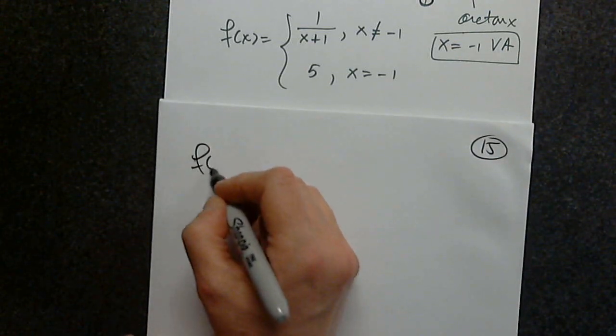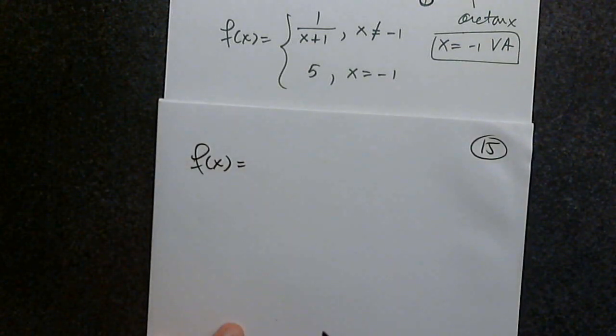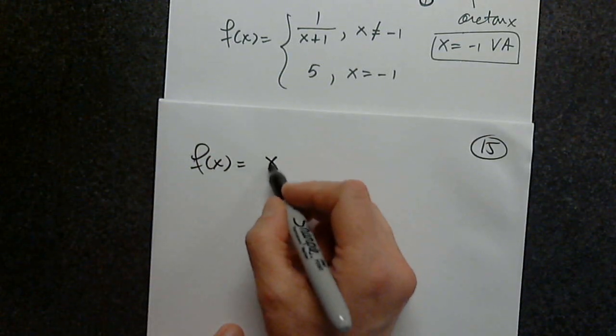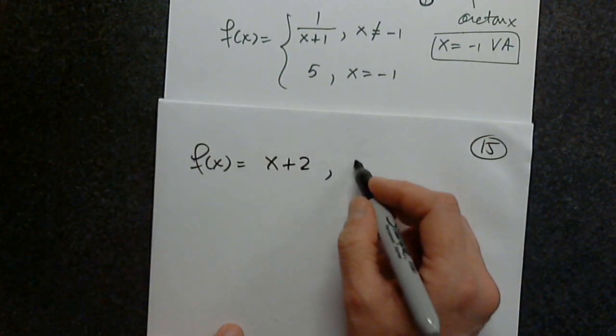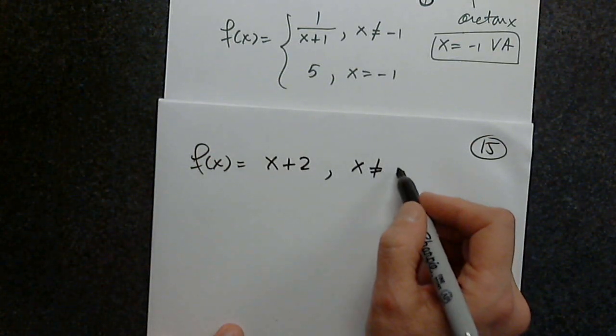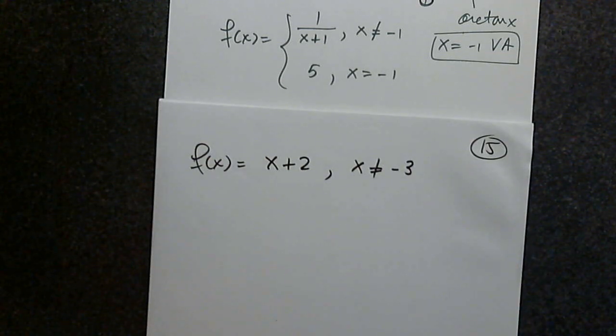So let's say I have f of x equals x plus 2 when x does not equal negative 3. Does this function have a removable discontinuity? I don't know.